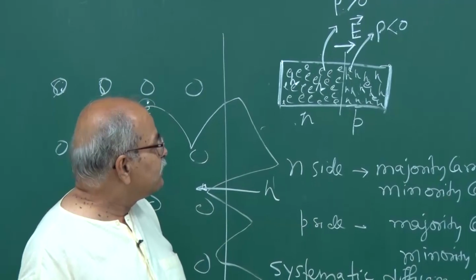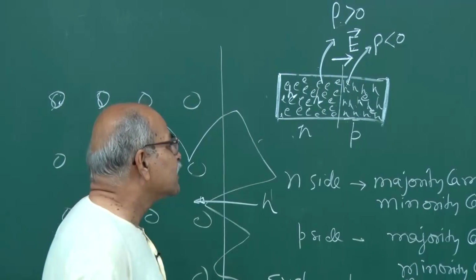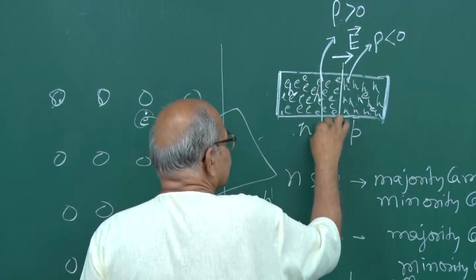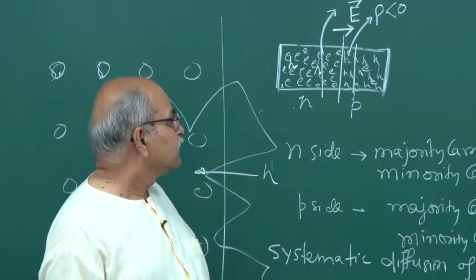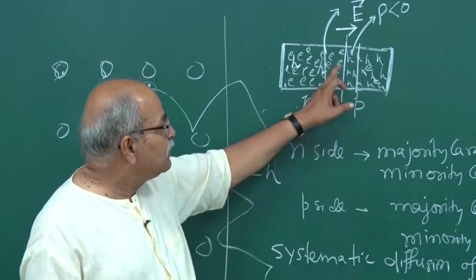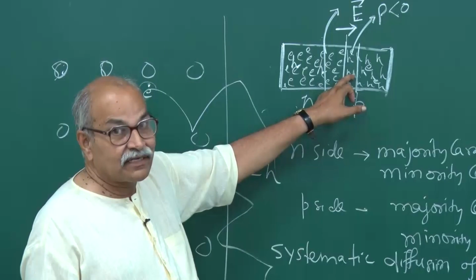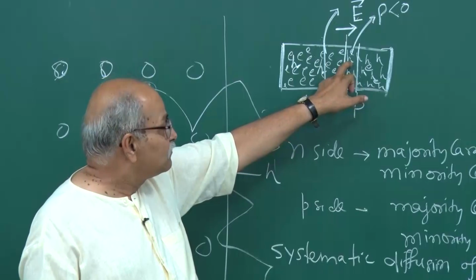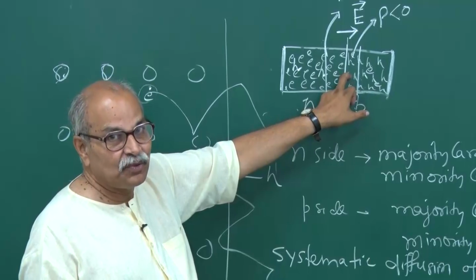So, ultimately this charge density which appears here, all that happens close to this junction, in a layer like this. Now, if the electrons are coming to this side and the holes are sitting here, these electrons will have a good probability of filling up these holes.